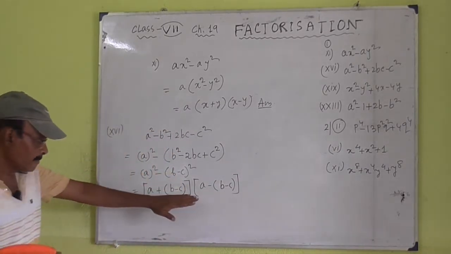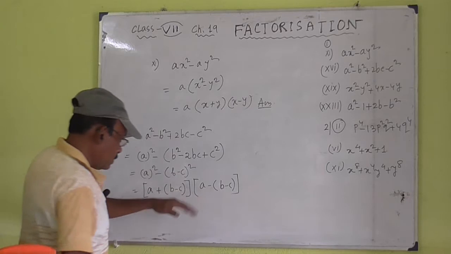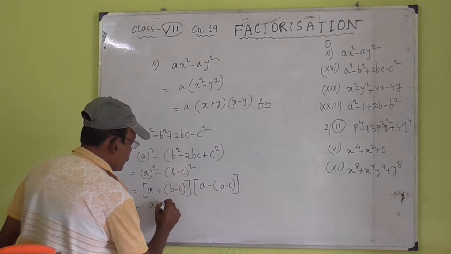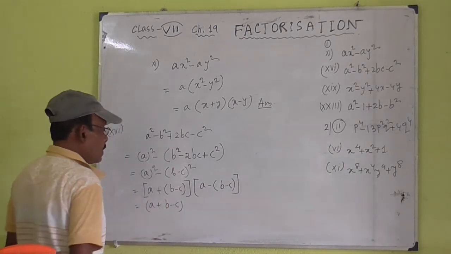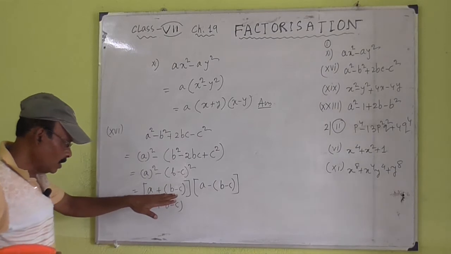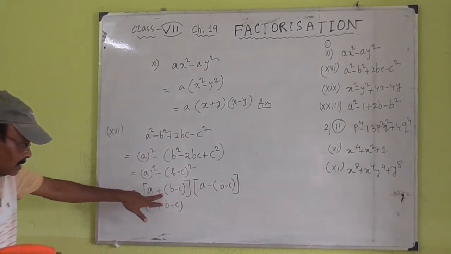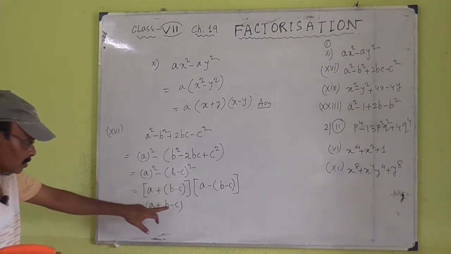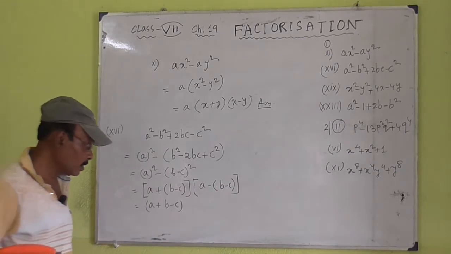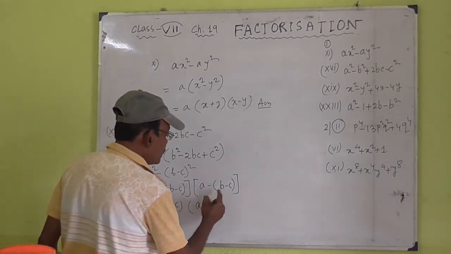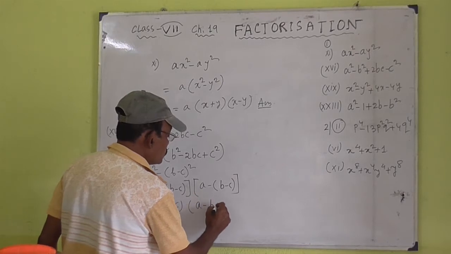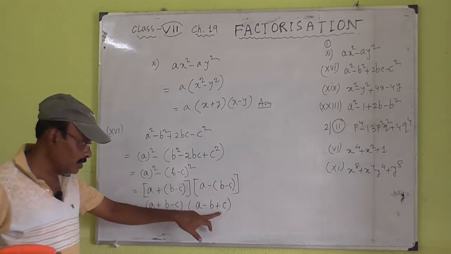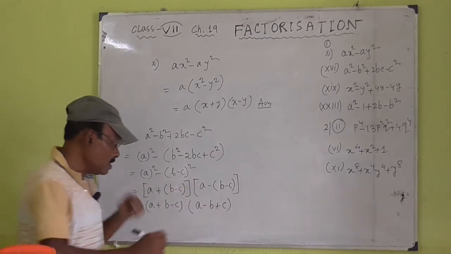This is the factor. Here a plus, look at the sum that in front of the bracket here is plus sign. So in the bracket b minus c remains the same in sign. And here this is minus sign, so when you open the bracket, this sign will be changed and will be plus sign. This is the answer. Clear?